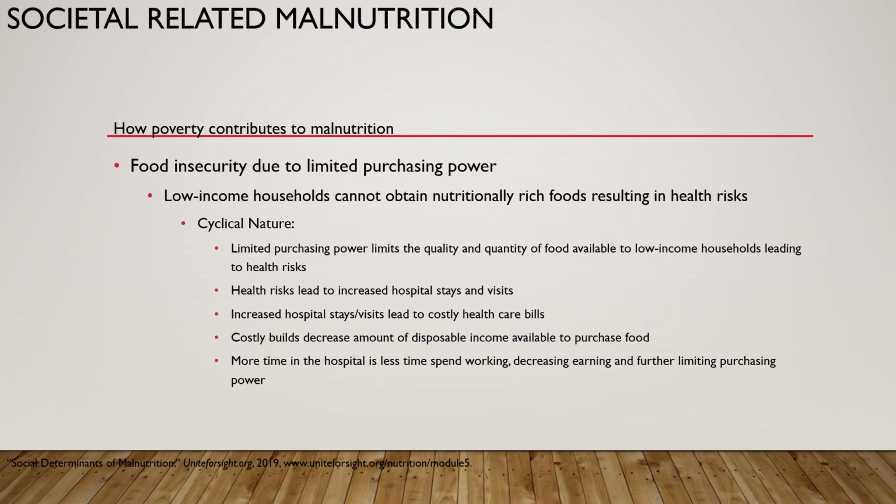In the case of poverty and malnutrition, there is more of a cyclical relationship. This means that malnutrition feeds into poverty, poverty feeds into malnutrition, and it goes back and forth in a circle that only makes it worse and worse and worse. So I'd like to use an example to further illustrate this point.